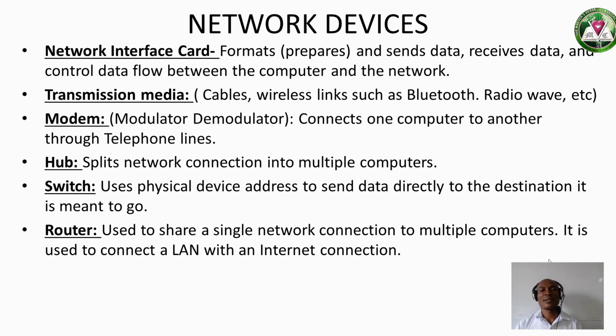This device formats, when we talk about formatting, we mean that it prepares and sends data, receives data, and controls data flow between the computer and the network. So the NIC sends data, receives data, and controls the movement of data between the computer system and the network.